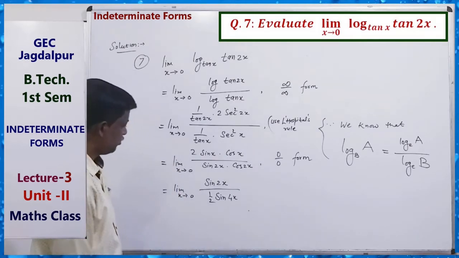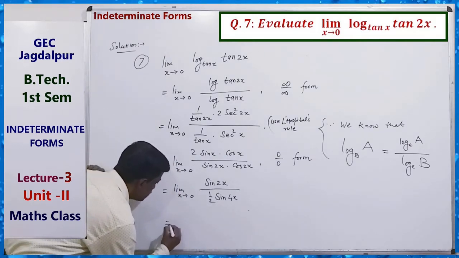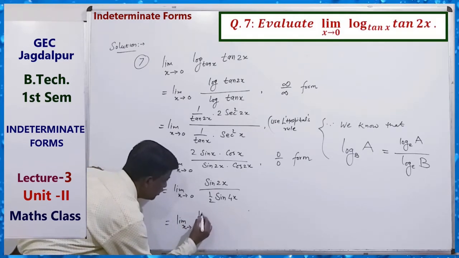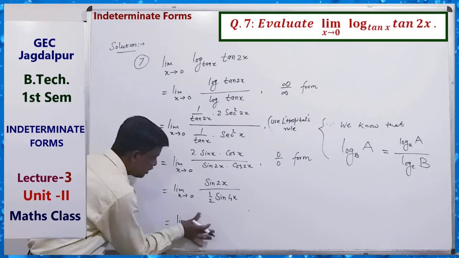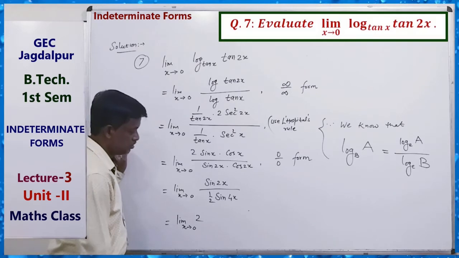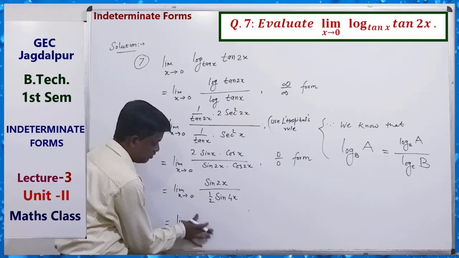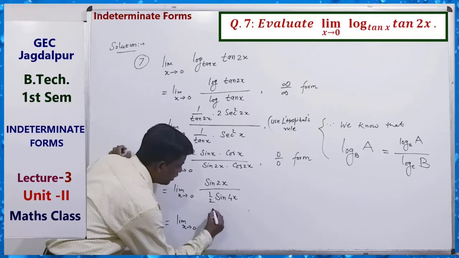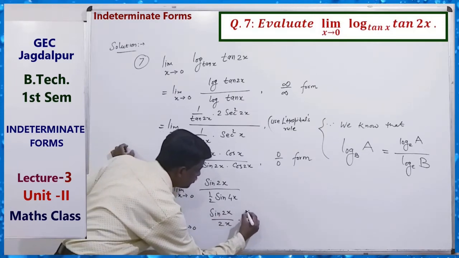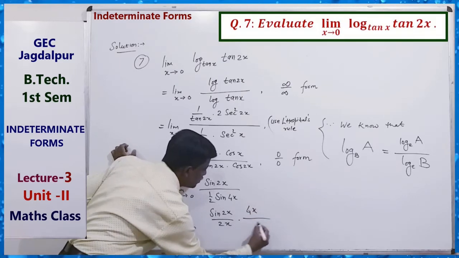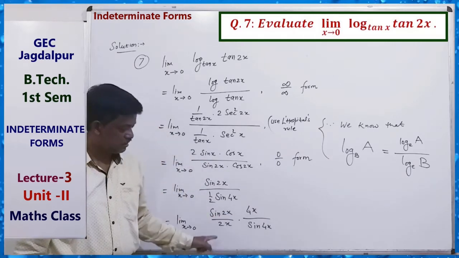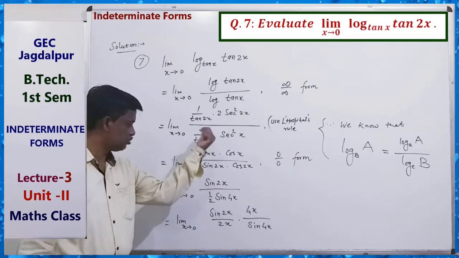Okay. Now, we can adjust like this. Limit x tending to 0, 1 by 2 is here. So, just we can write what? 2. Also, it can be set up like this: sin 2x by 2x into 4x by sin 4x, where x cancel, x cancel, 2 goes to the numerator.